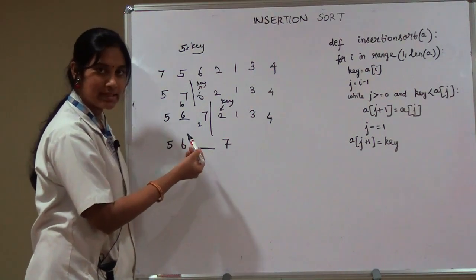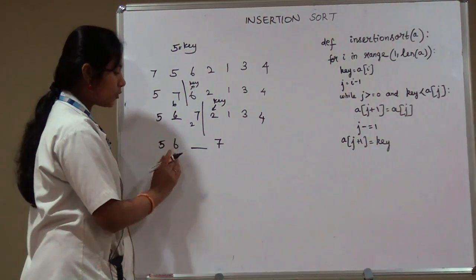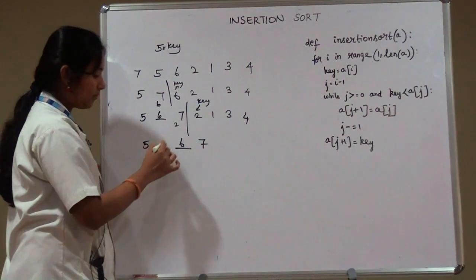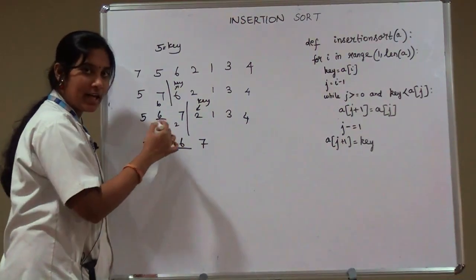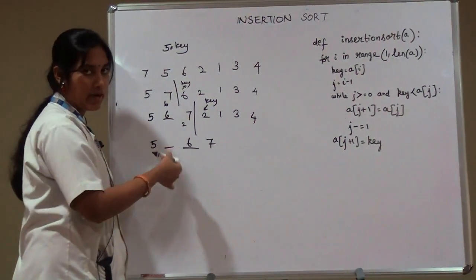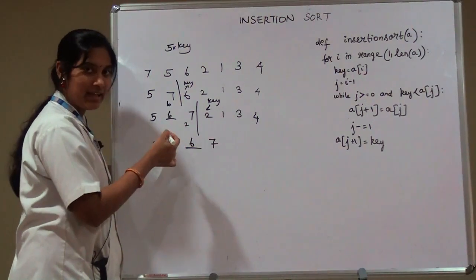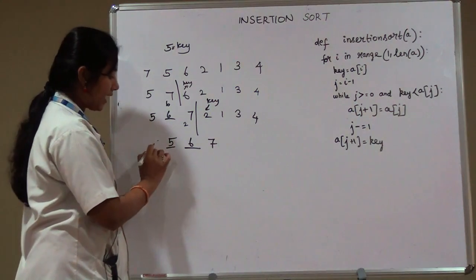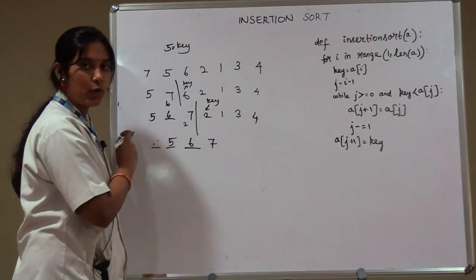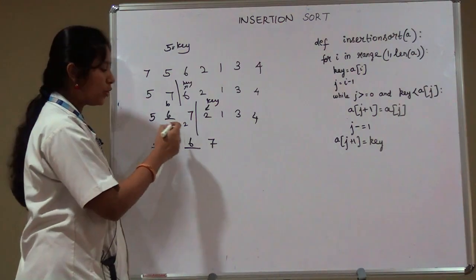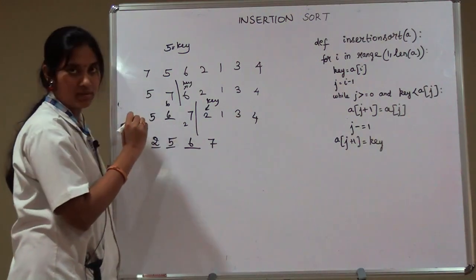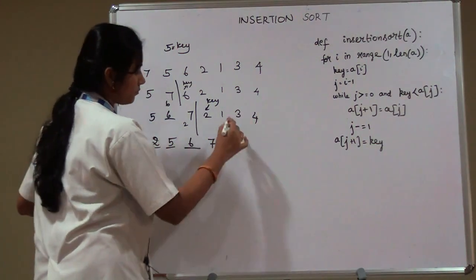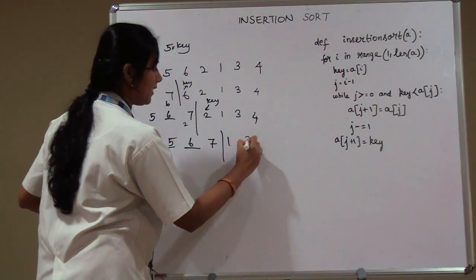Again 2 is less than 6, so I move 6 to the next position. This position becomes blank. Now I compare my 2 with 5. 2 is again less than 5, so I move my 5 to the right and I have a blank here. Since there are no previous elements left, you place your 2 here. Now the first 4 elements are sorted and I have 1, 3 and 4 here.